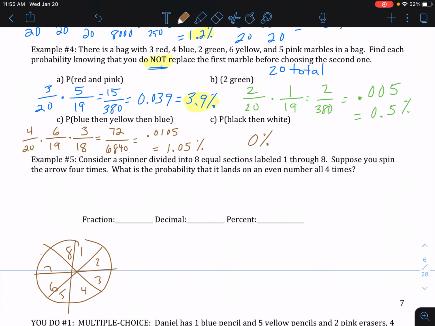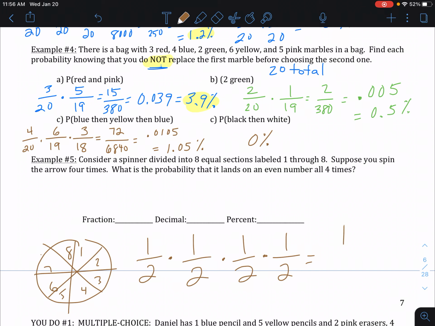So the first time you're spinning it, it's 1 out of 2. There's 4 even numbers there. The numbers 2, 4, 6, 8. Then a second time is multiplied by another 1/2. A third time is by another 1/2. And a fourth time by another 1/2. So essentially that's 1/2 to the 4th power, right? 1/2 times 1/2 times 1/2 times 1/2.